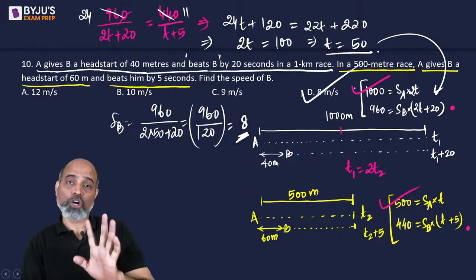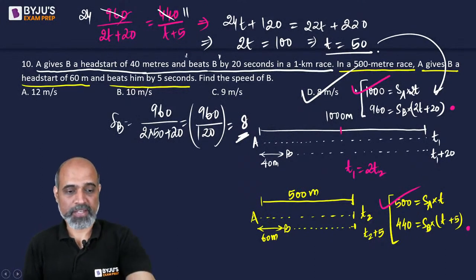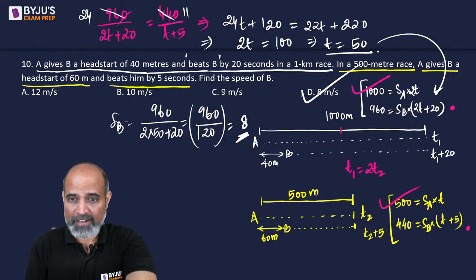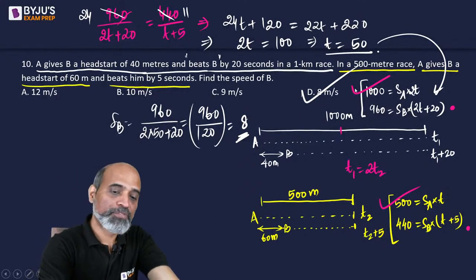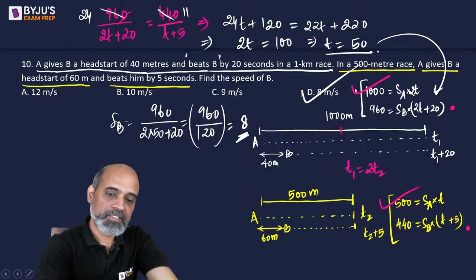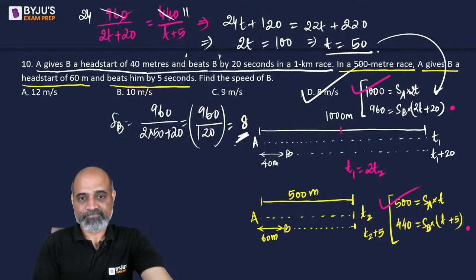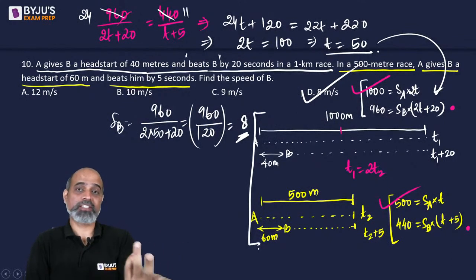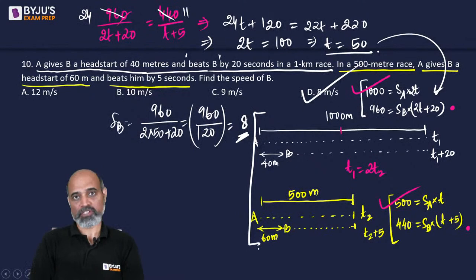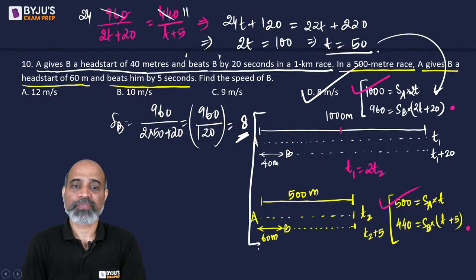Now comes using pure common sense. Okay. Can we solve this using pure common sense? For that we will have to look at these two drawings. And since it's common sense, there is no equation, there is no variable, so you have to listen carefully.